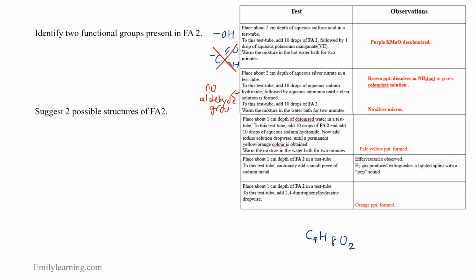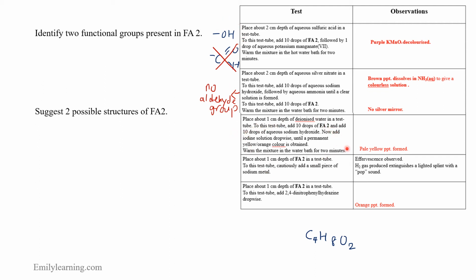So in other words, the functional group that caused the decolorization of potassium manganate is the alcohol group. In fact, only primary and secondary alcohol, because tertiary alcohols cannot be oxidized. Okay, now next we go on to this test here.